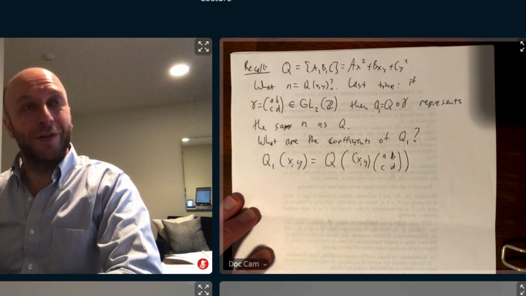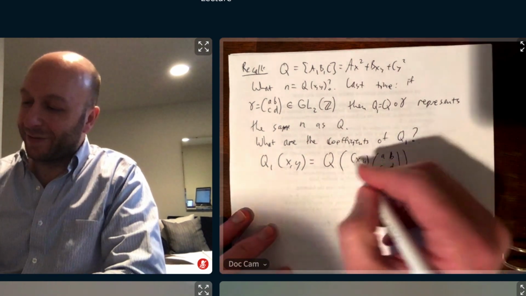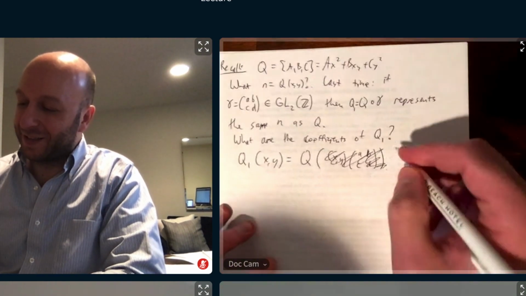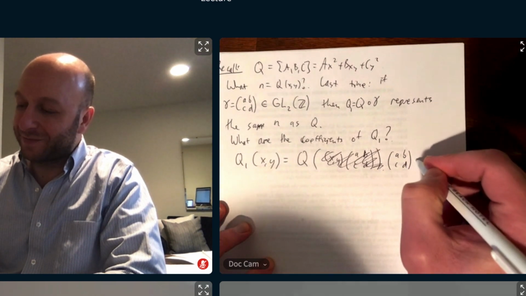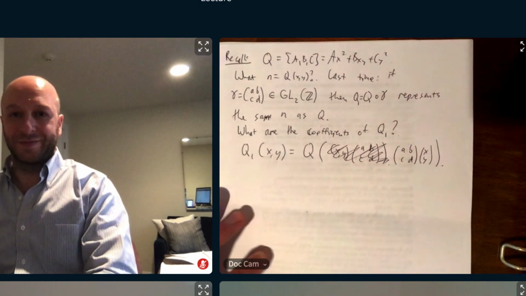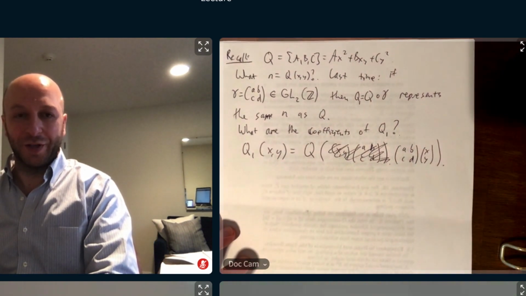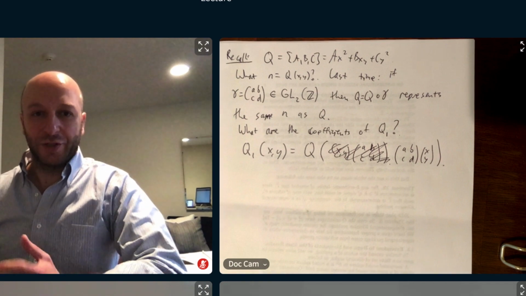No, I think I prefer it on the left for what we're about to do. Let's say xy are a column vector. Okay, so far so good? Is everybody following what we're doing?